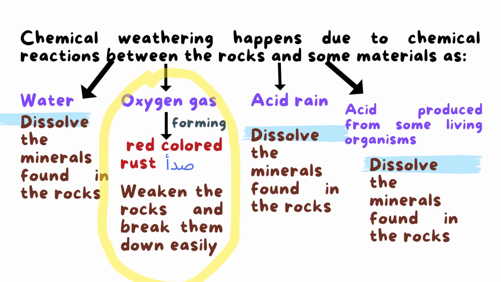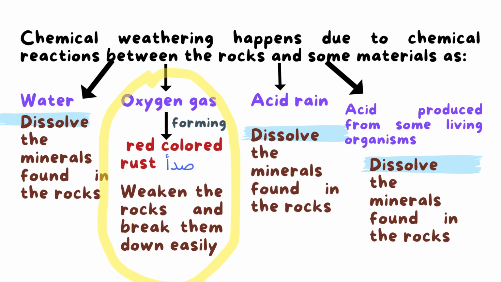Also, we have oxygen gas. Here, oxygen gas reacts with the rock, forming a new substance, which is red-colored rust, and this weakens the rocks and breaks them down easily, as we saw in the example of the iron.